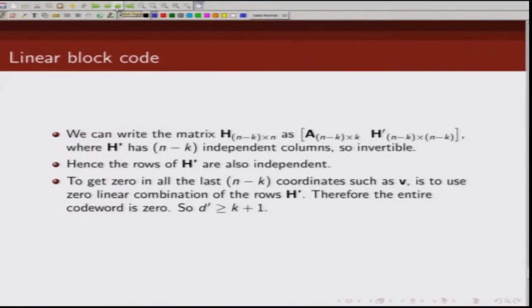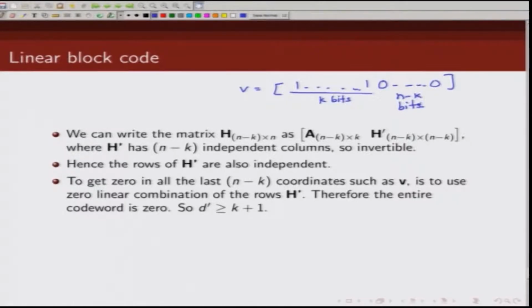Now, remember what we said about our code word v? We said that in our code word v, at most the first k bits are 1. So, these first k bits can at most be 1 and the remaining n minus k bits are all 0.